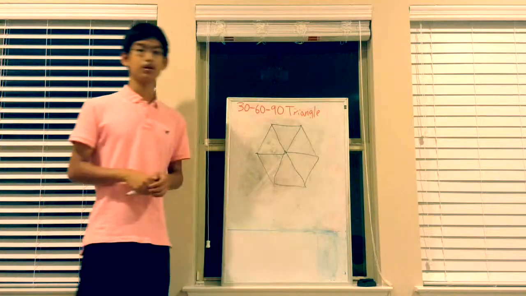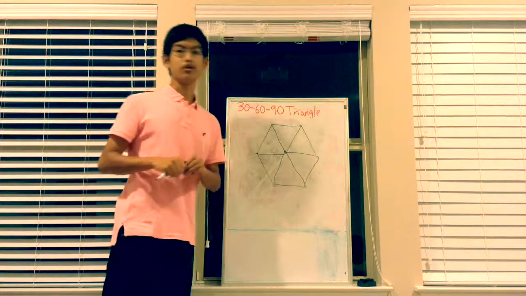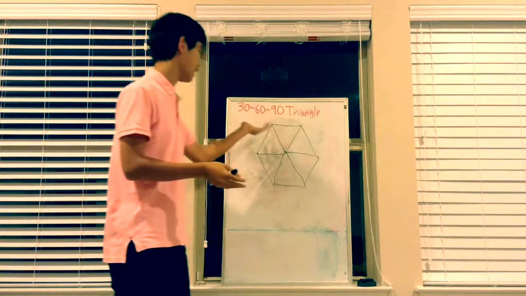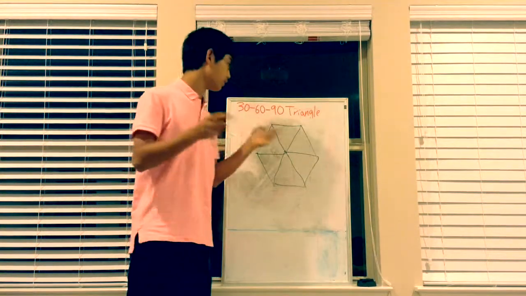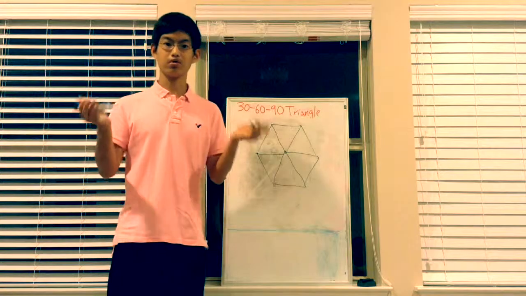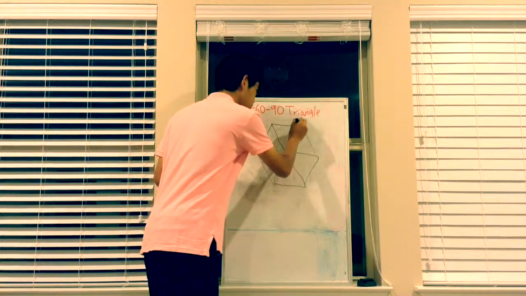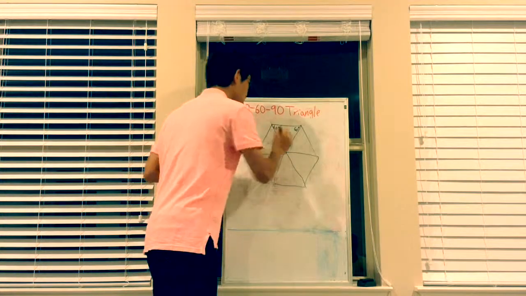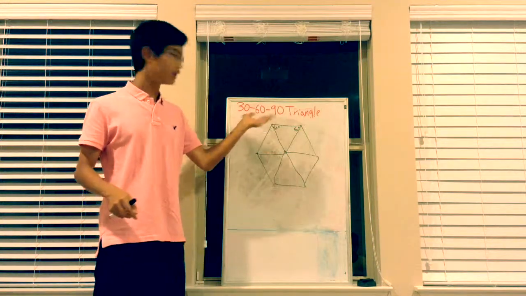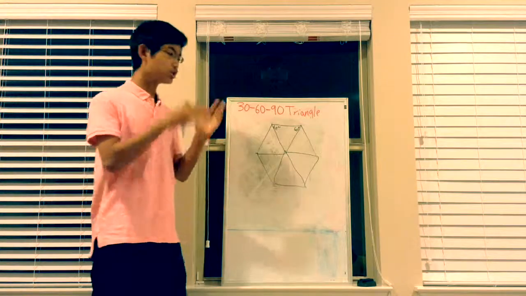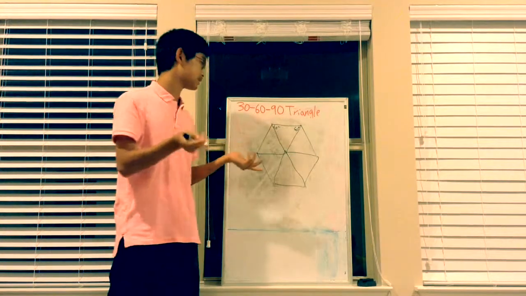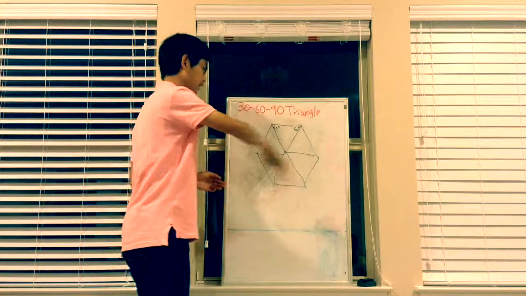What do you get? 6 equilateral triangles. A regular hexagon naturally has every single angle equal to 120 degrees, and if you cut them in half, that equals 60 degrees. So with the previous formula, you can just use that and multiply it by 6 to find the area of a hexagon.